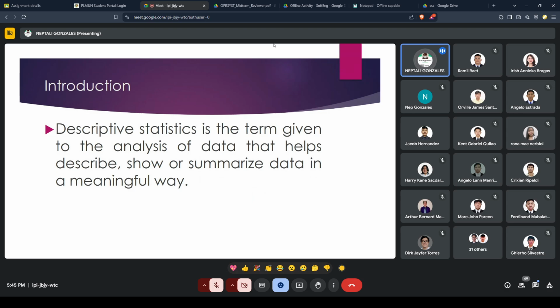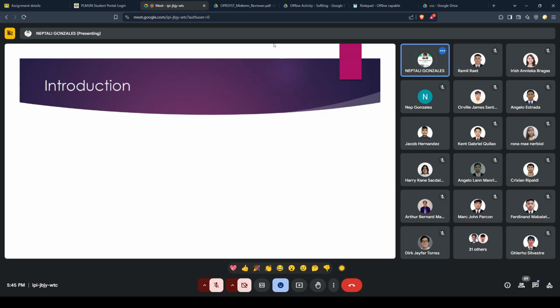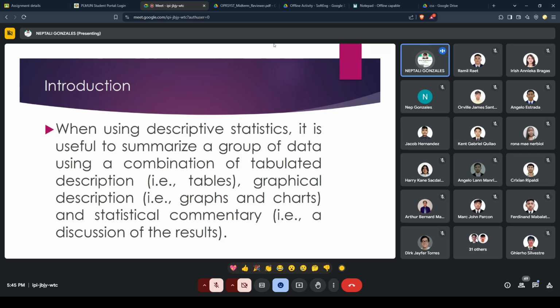So descriptive statistics is the term given to the analysis of data that helps describe, show, or summarize data in a meaningful way. When using descriptive statistics, it is useful to summarize a group of data using a combination of tabulated description. You knew this already when we have our presentation of data that is using tables.